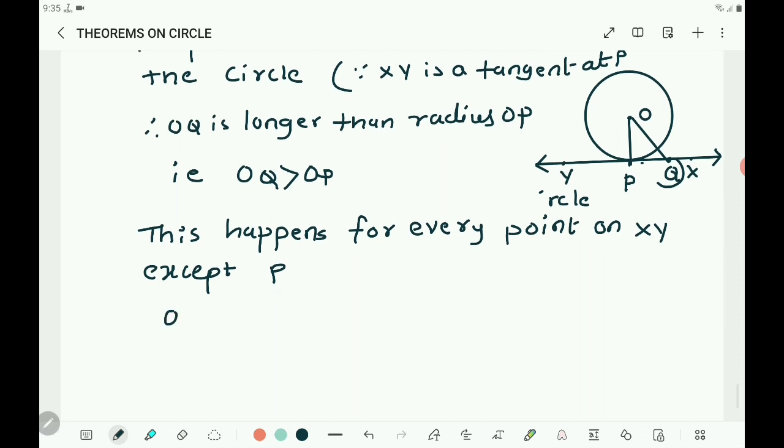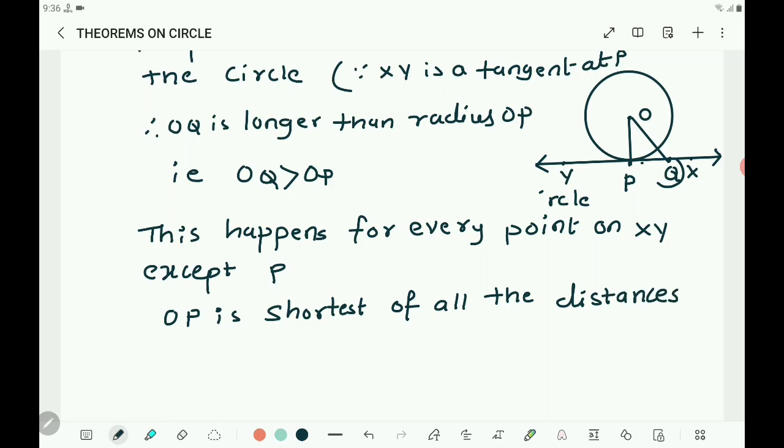Therefore you write, OP is the shortest of all the distances from the point O to XY.